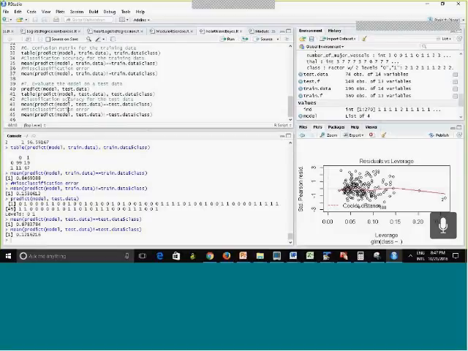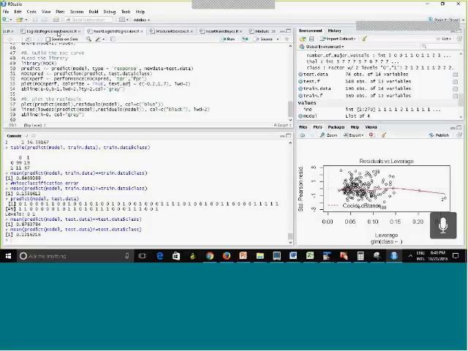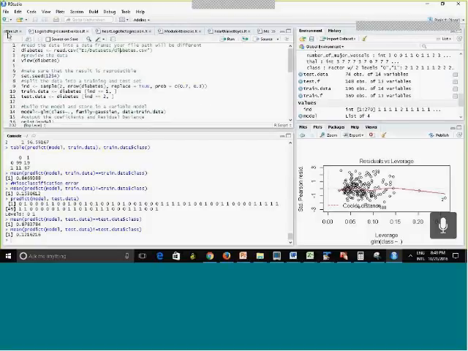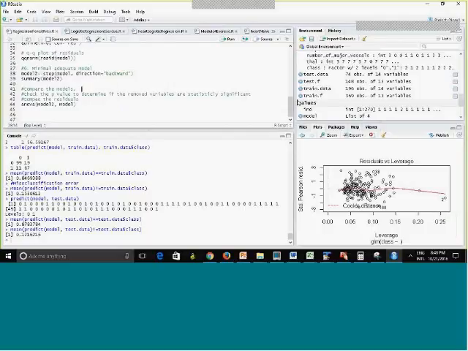For classification, you look at the confusion matrix. For prediction, we looked at the residuals, the differences between predicted and actual values. So I just went over 3 methods: linear regression, logistic regression, and naive Bayes.